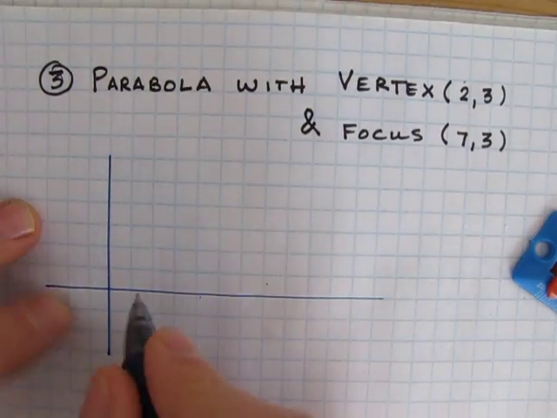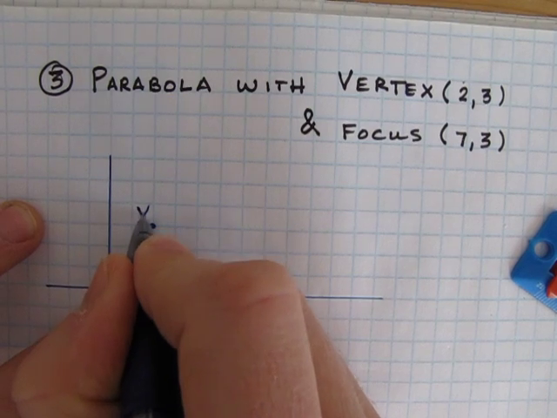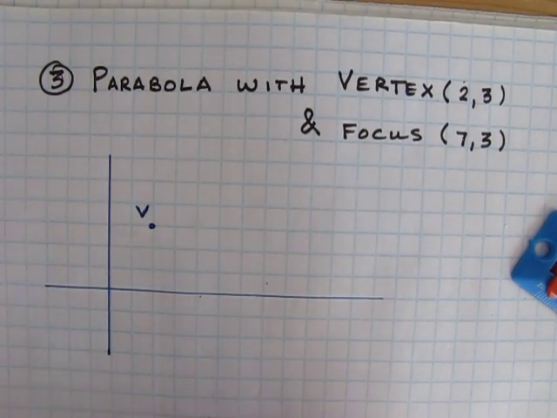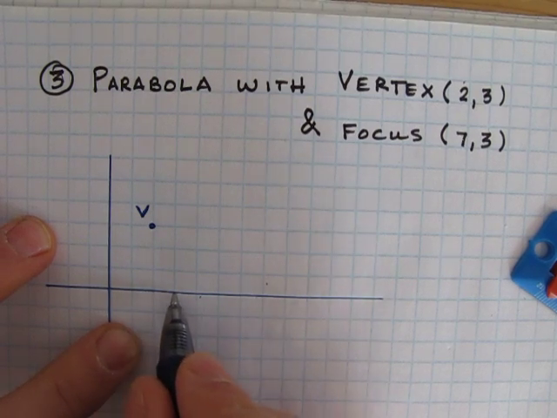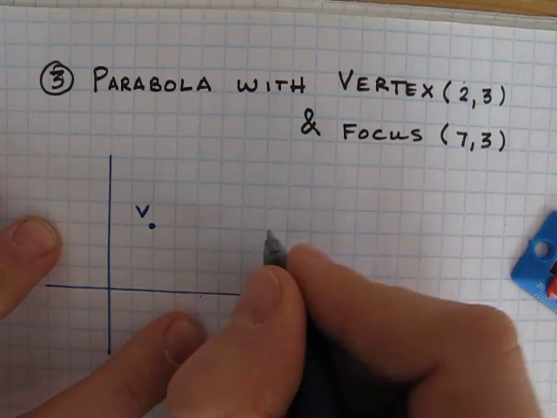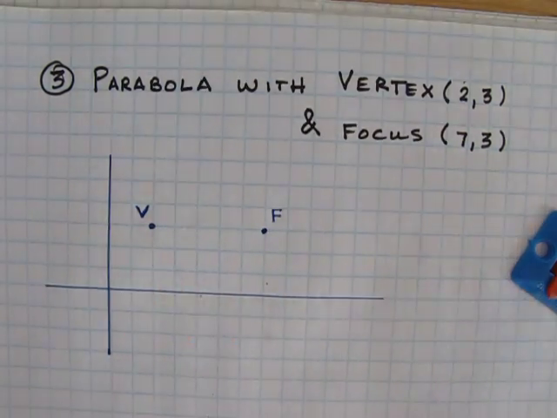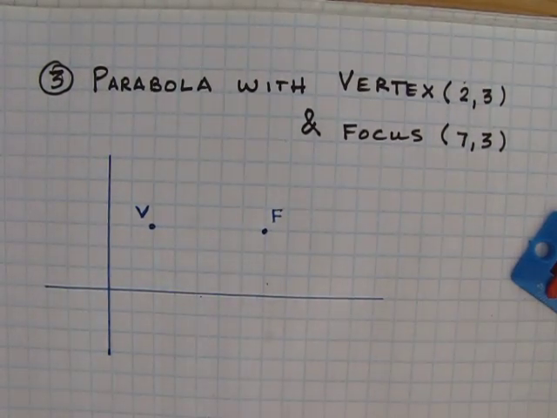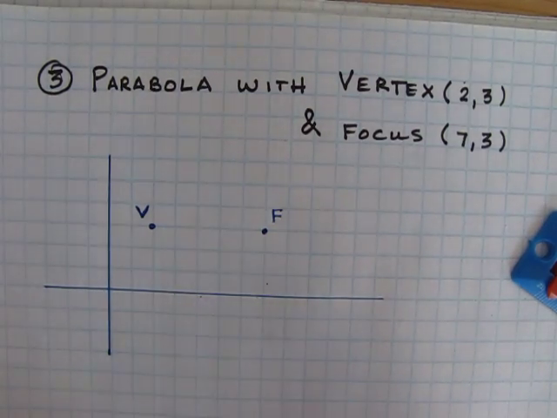So we've got a vertex at 2, 3. I picked that point because it's the same vertex that we had for the hyperbola. And then the focus is at 7, 3. Okay, and this is helpful to us because we can now tell what direction our parabola is going to go in.